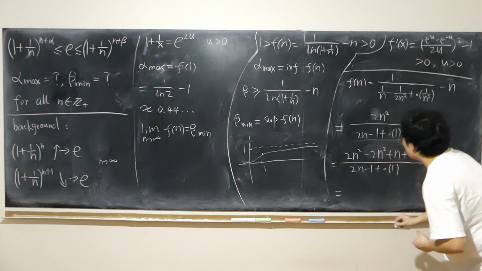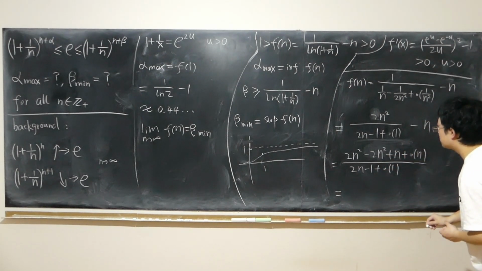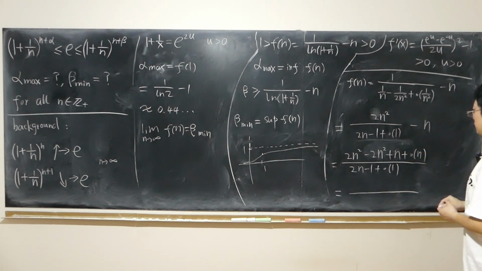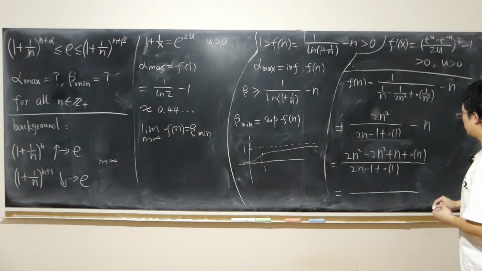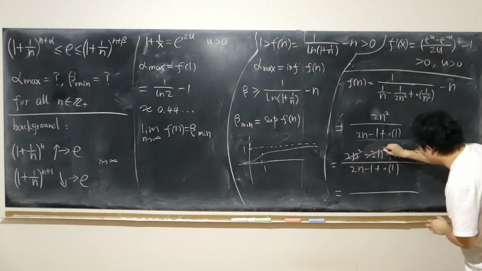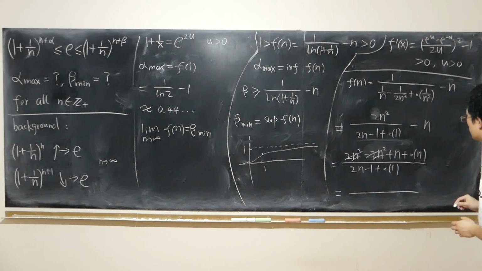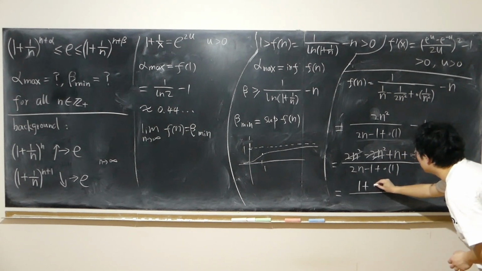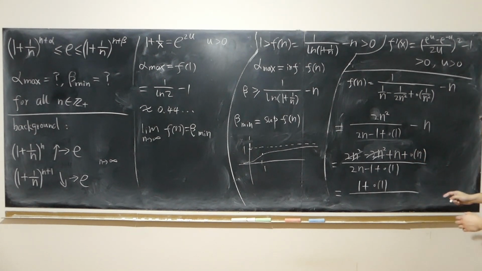So divide everything by n. No, divide everything by n because the 2n squared and negative 2n squared are gone. So divide everything by n. I have 1 plus little o of 1, because n divided by n is 1, little o of 1.